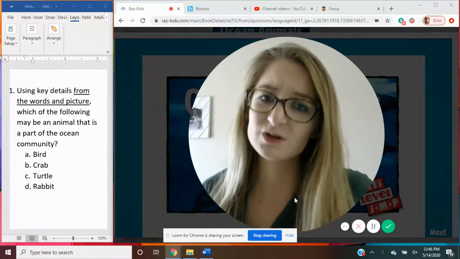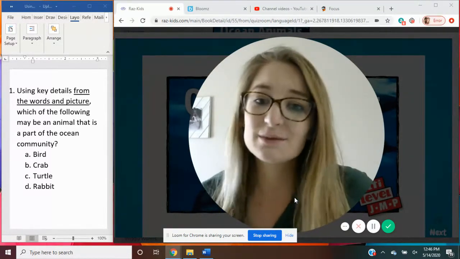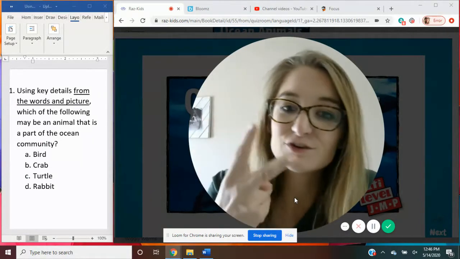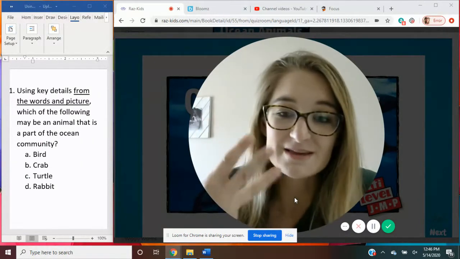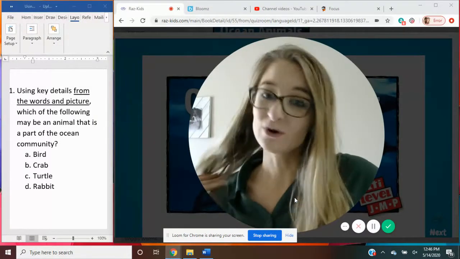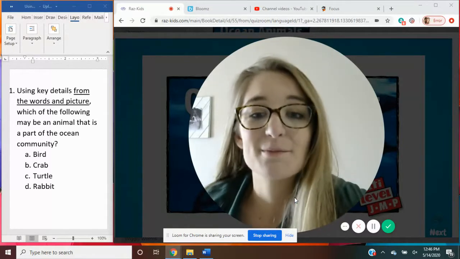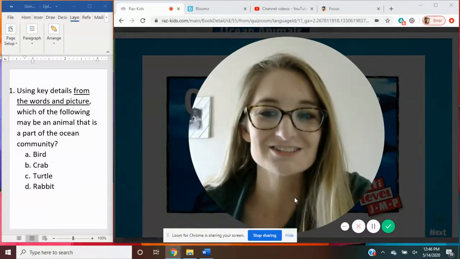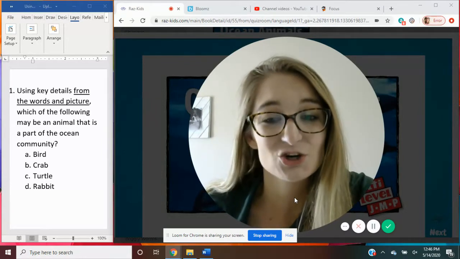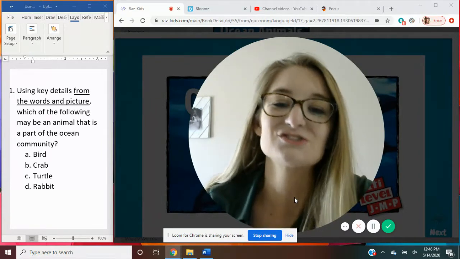So if the story was about bats, some of the details might be that they fly, they eat fruit, they have live babies. So those are some of the details. So important facts that support the topic are those key details. So what we are going to do today is learn how to answer questions about key details from the story.